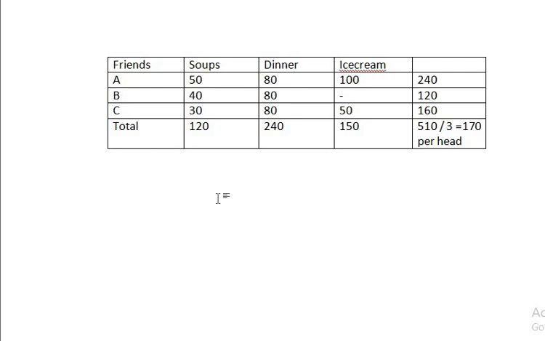Now I will explain with one more example. Let's take a bank whose expenditure is rupees 5 lakh. The bank allocates this expenditure on the basis of the number of customers.